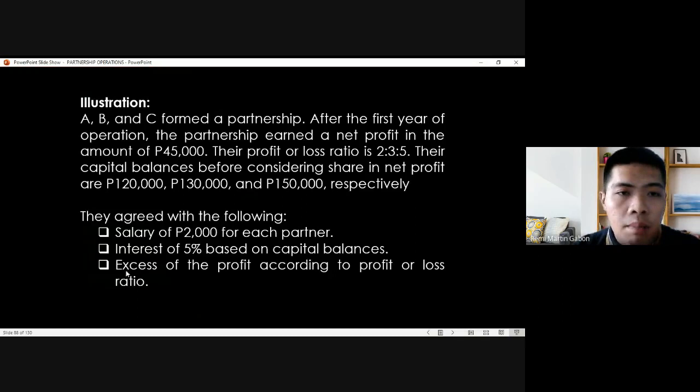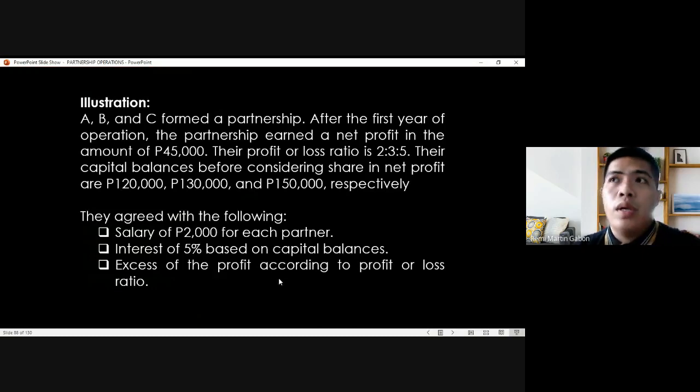Guys, again, be careful with the interest, because what is referred here is based on capital balances. The capital balances here may refer to original capital balance or beginning balance or the ending balance before profit or loss distribution, or you can have the average balance, either simple or weighted.